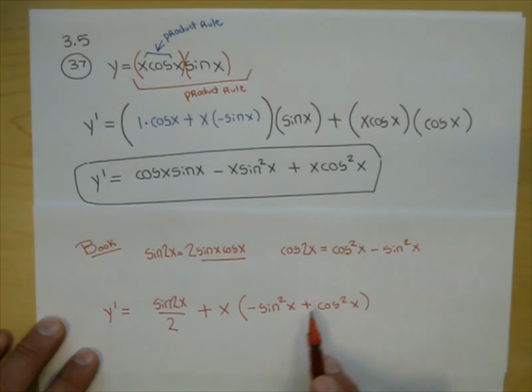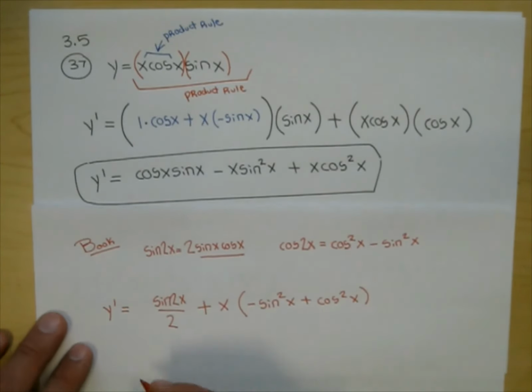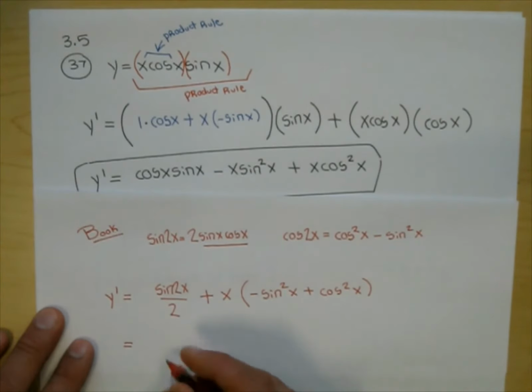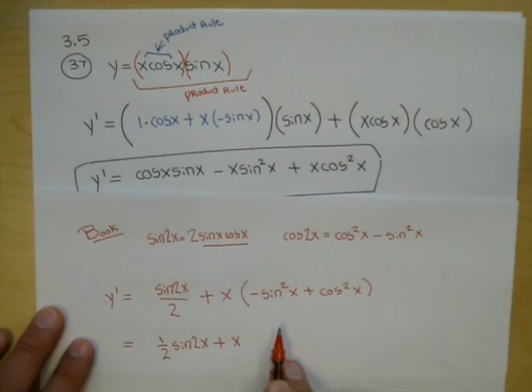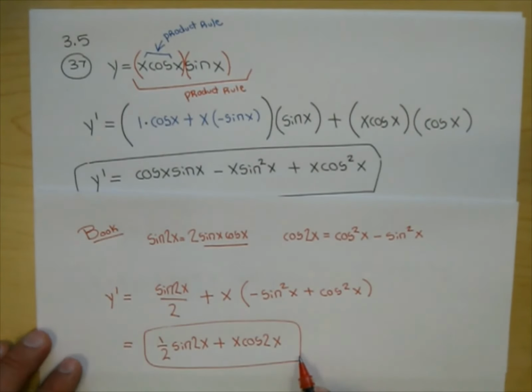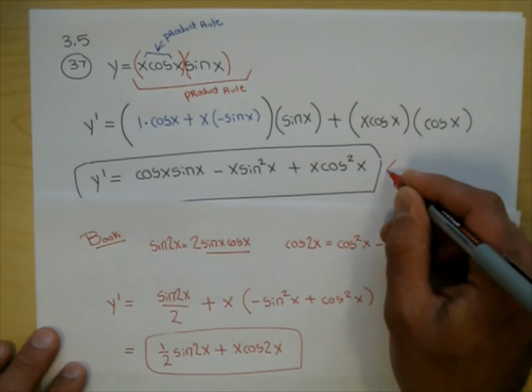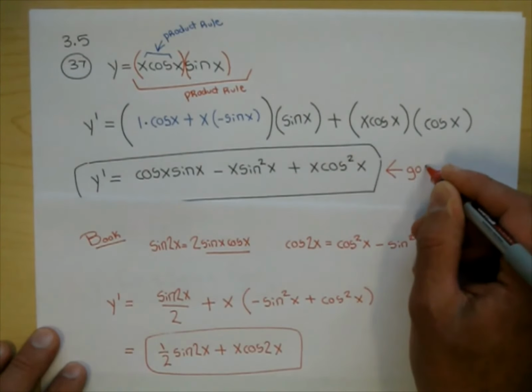It's cosine squared minus sine squared. That's what we have here. And so then we continue here. We have 1/2 sine 2x, and then this is going to be plus x, and we replace this with the cosine 2x. So this is the book's answer. This right here is good enough.